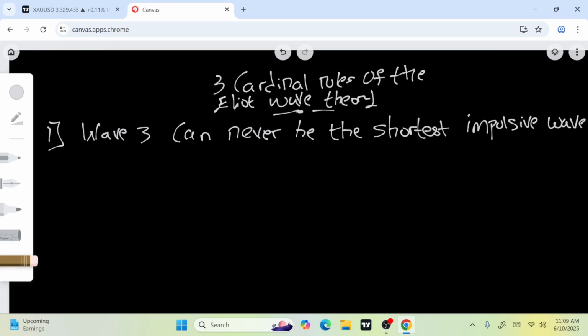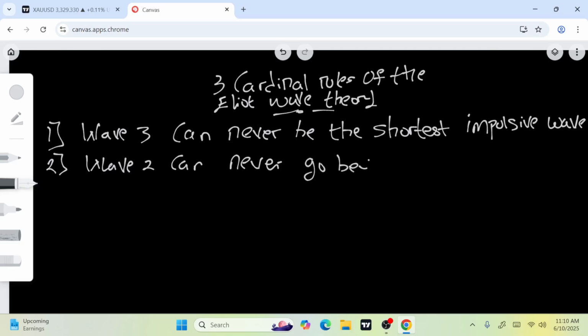Now, the second rule, please, guys, follow. Wave 2 can never go beyond or below wave 1 starting point.